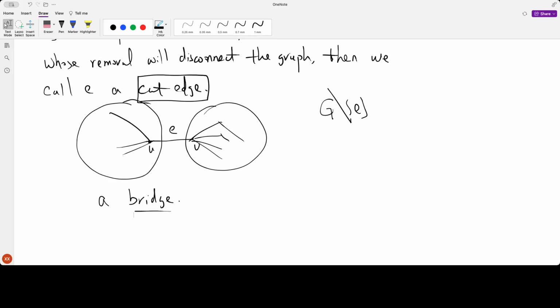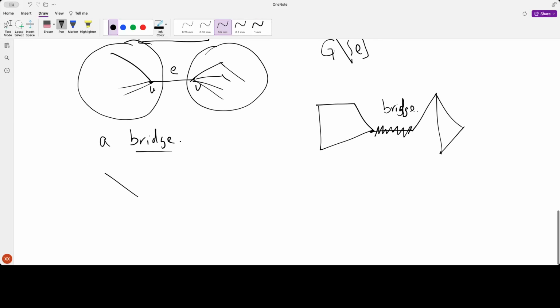For example, you can draw a cycle here, and maybe some complicated stuff like this. So this edge is a bridge. A little more trivially, you have a graph like this.